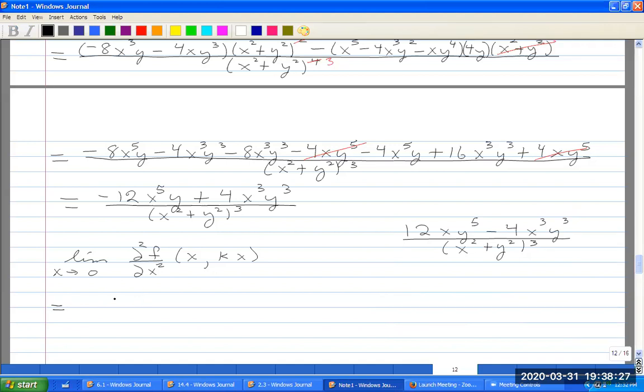And so I can see this is the limit as k goes to 0 of partial f, partial x.